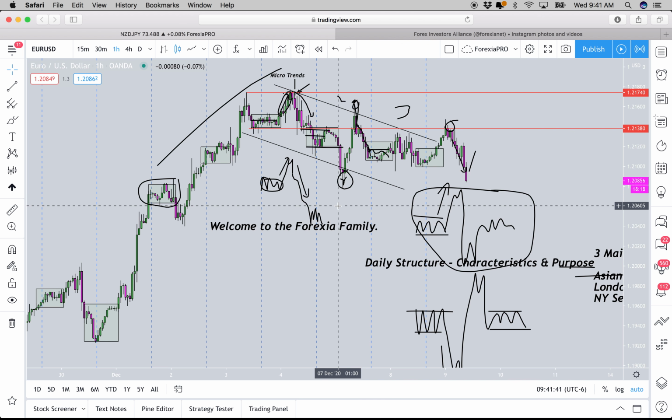And I didn't even have to mention support and resistance. I didn't include a single indicator. How is this possible? It's possible because we understand the fundamentals behind the market. We're not blind traders. We don't trade blindly off of indicators. We don't trade blindly off of just follow the trend because it's supposedly your friend, right?